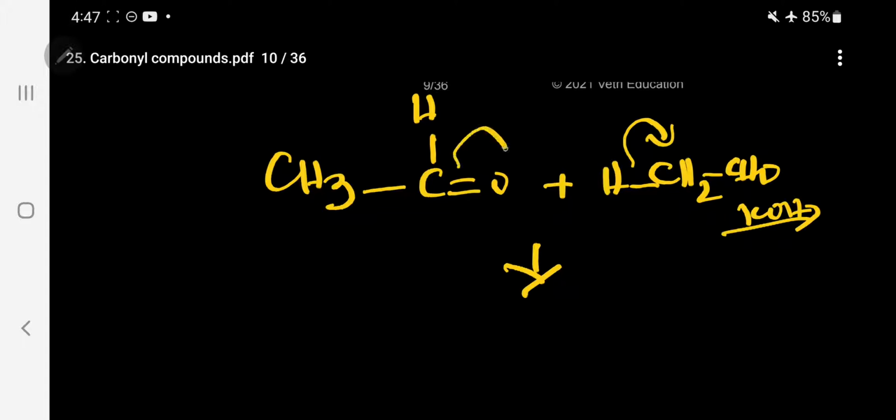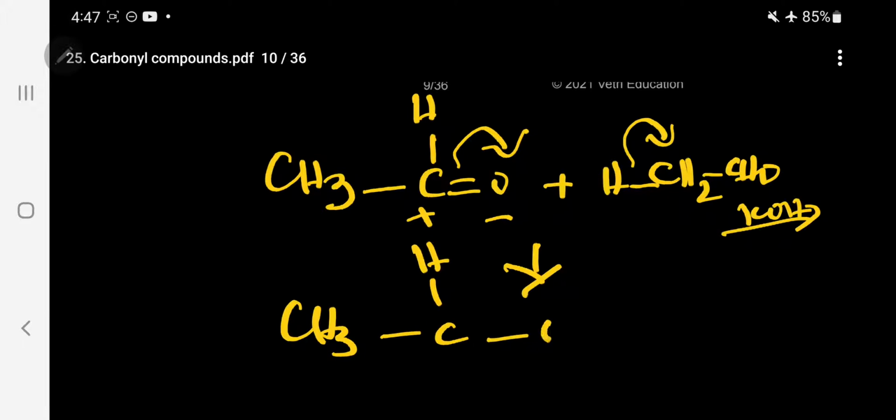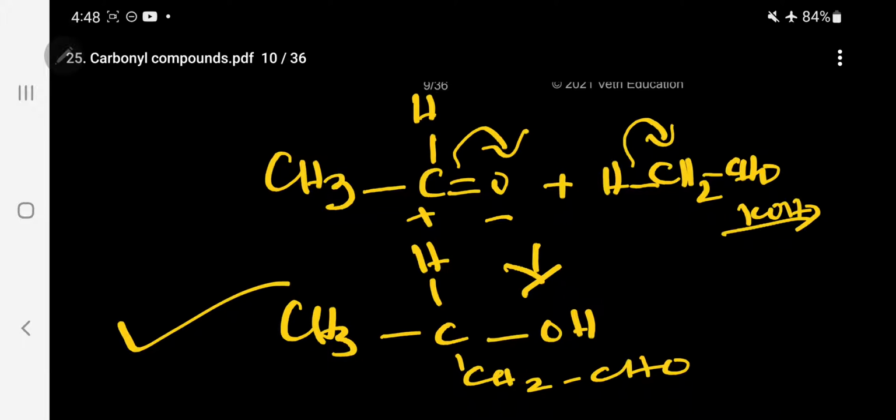What will happen? It will add to this carbon. So this is plus, this is minus. What will happen now? CH3, CH, that O will become OH, and here comes CH2, CHO. This is the actual mechanism. This is called aldol.